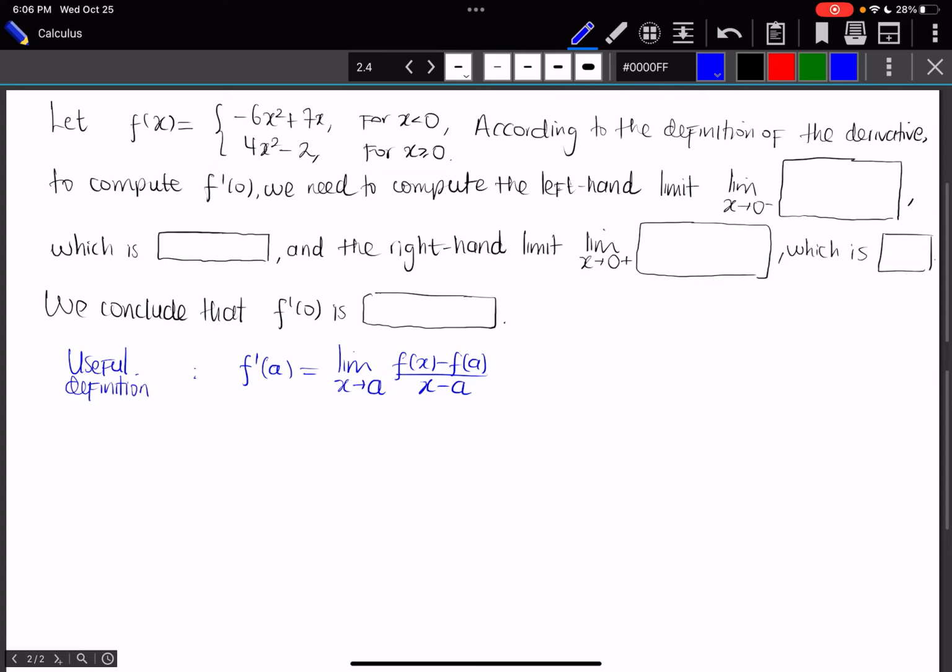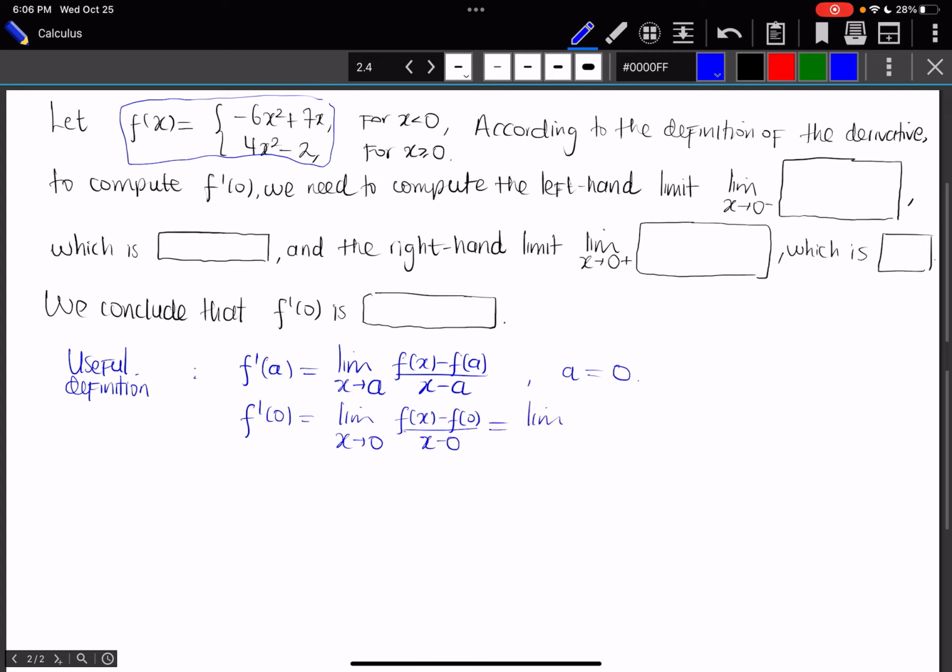Now, in our case, f is the function right here, and the a we're interested in is a equals 0, because we want to conclude something about f prime of 0. So f prime at 0 equals the limit as x approaches 0 of f of x minus f at 0 divided by x minus 0.